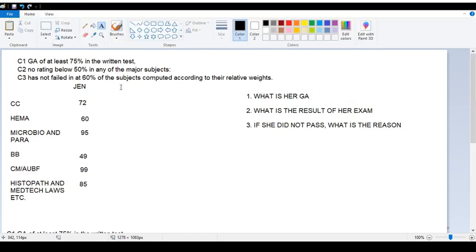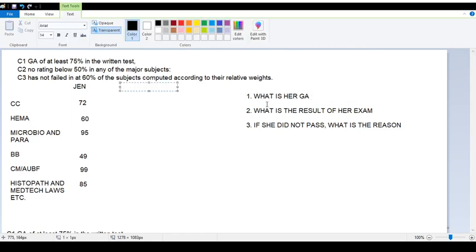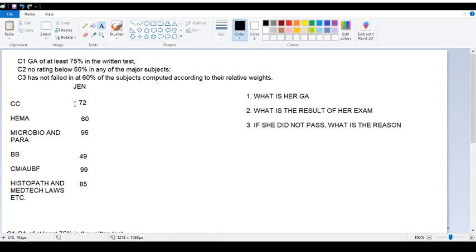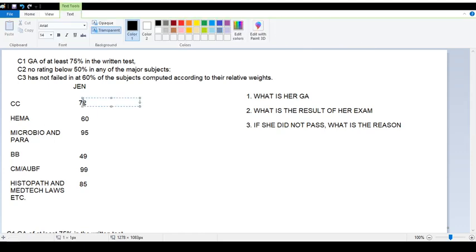So, let's compute again the general average of Jen. So, this is 20%. So, itong apat, each must be computed by multiplying by 0.2. So, yung dating example ko, maglagay ka lang ng period in between, 7.2 times 2, that is already 14.4.